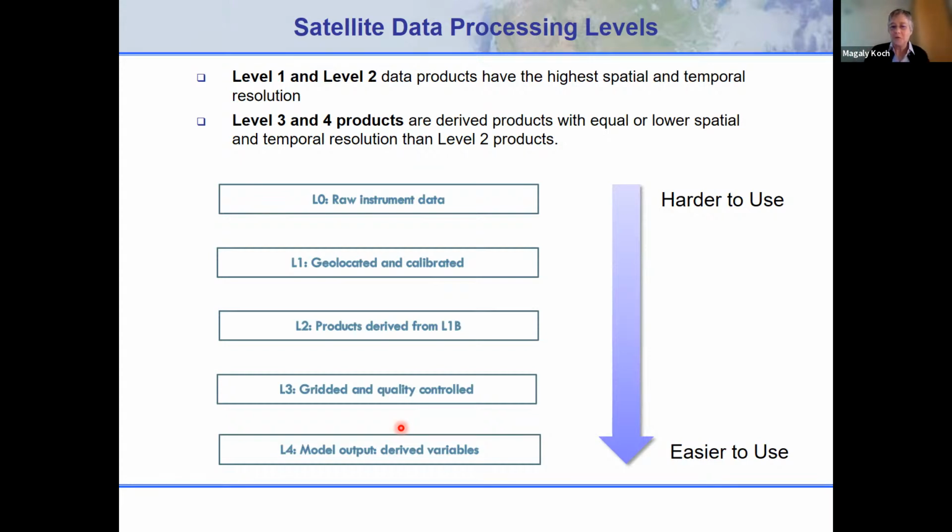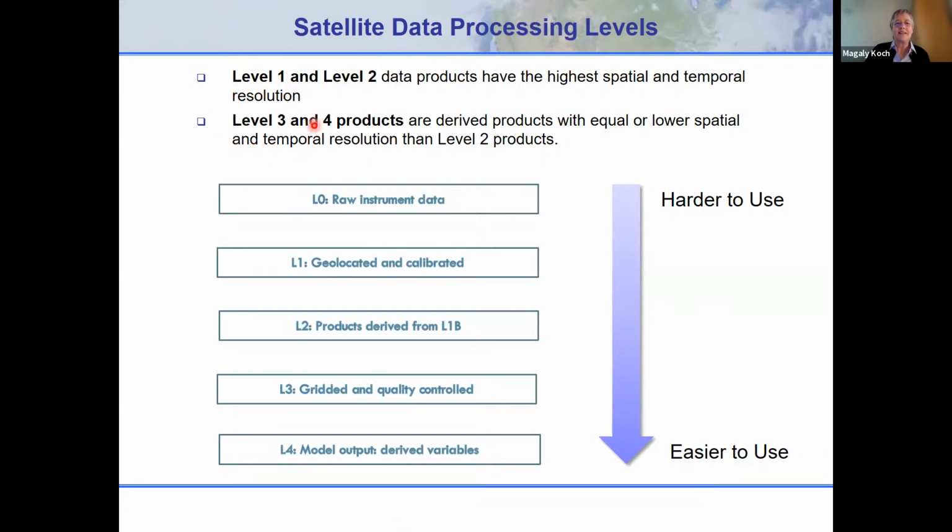So you can imagine that now the focus is on providing the user with the information they need, and we have the processing capability, the computing power to generate many products, and they're listed here as level data products, right?